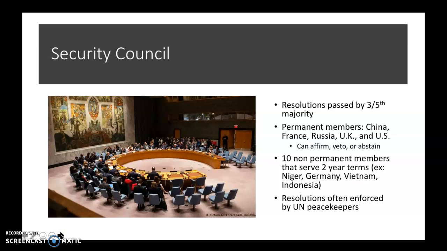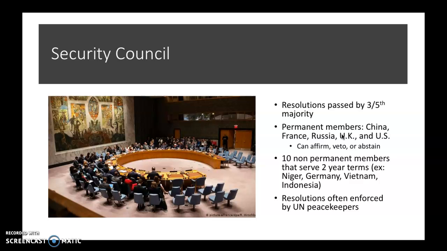I'm sure you've already heard quite a bit about the Security Council. Notice here in the picture, it's a much smaller room than where the GA meets, and that's because there are only 15 members of the Security Council. There are 5 permanent members for the Security Council: China, France, Russia, the United Kingdom, and lastly, the United States.